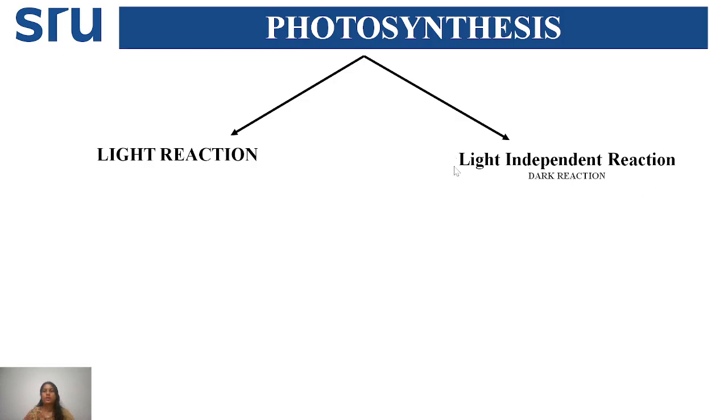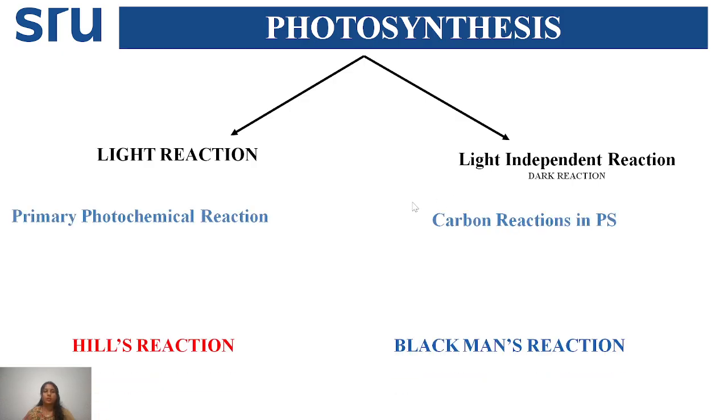Even though it takes place during the daytime, we call it a dark reaction because it is a light independent reaction. The light dependent reaction we call the light reaction. The other one, the light independent reaction, is called the dark reaction. It is also known as the Hill reaction, and the other as Blackman's reaction, based on the scientists.